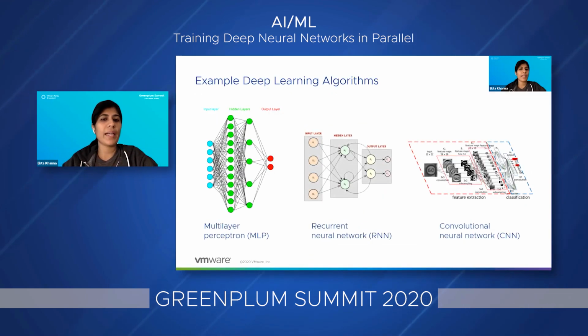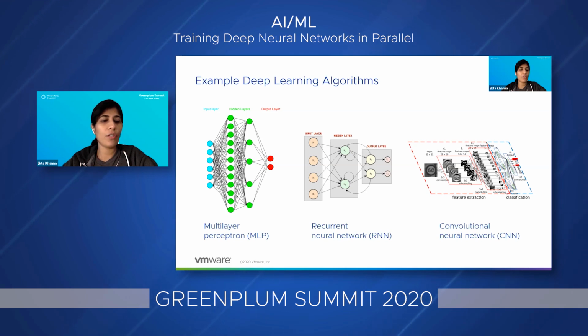Here we have some examples of deep neural networks. The MLP, or multi-layer perceptron, is a general purpose fully connected neural network that is used probably, I would say, for smaller problems these days because there are several custom types of networks which we have built today, like the RNN, or the recurrent neural network, which works well on problems associated with sequential data like speech recognition and machine translation.